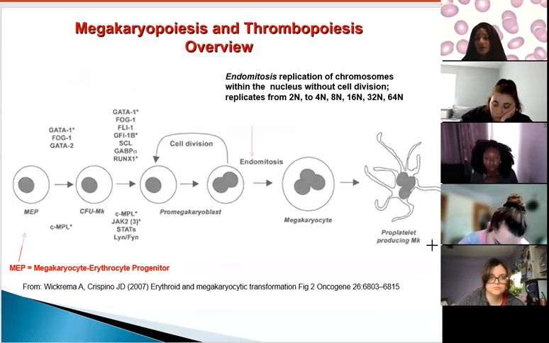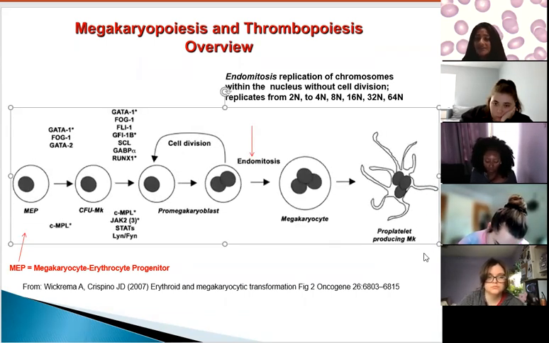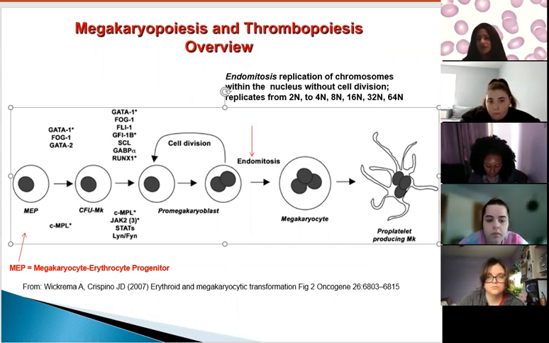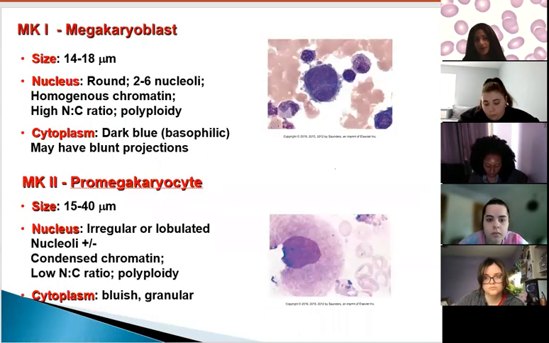In order for a megakaryocyte to release these platelets, it needs a lot of cytoplasm. That's why endomitosis happens, because it allows for the replication of these chromosomes. You can get up to 32N ploidy, a very high number of chromosomes. You don't need to remember these genes. Just remember what's happening in the process of endomitosis and why it is so necessary in megakaryocytes.